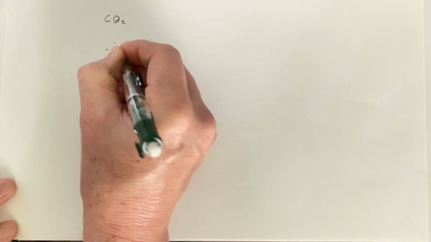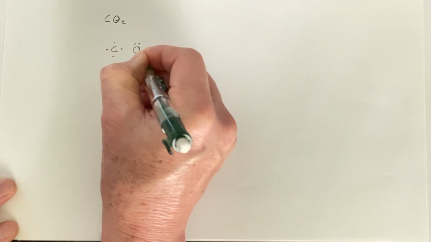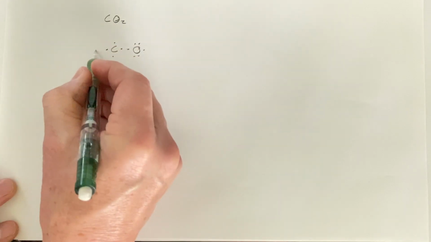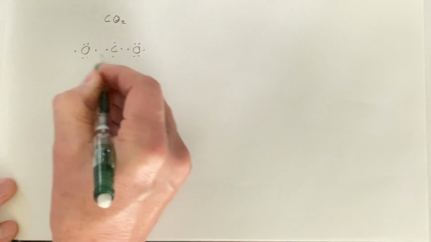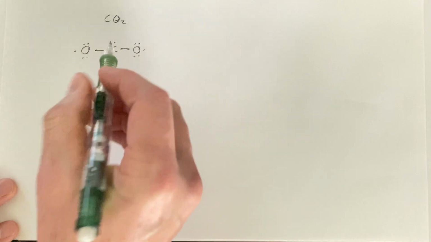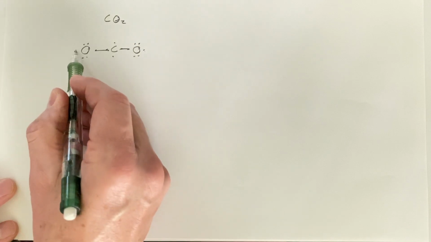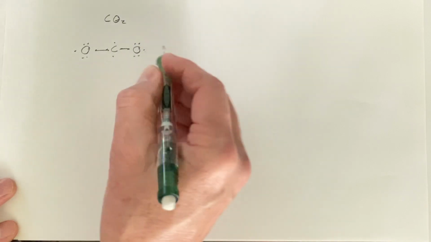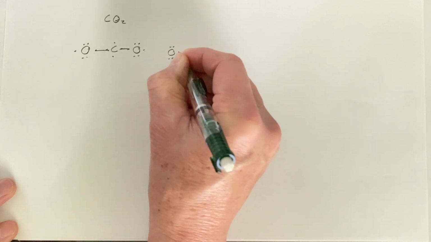Again, we have our carbon atom with its 4 valence electrons. We place the oxygen atoms. We make bonds. We see an unpaired, an unpaired, an unpaired, and an unpaired. We move these to make double bonds as we have done before.